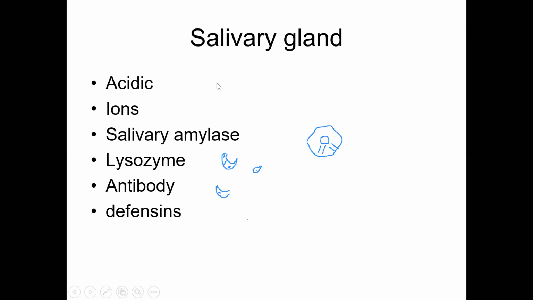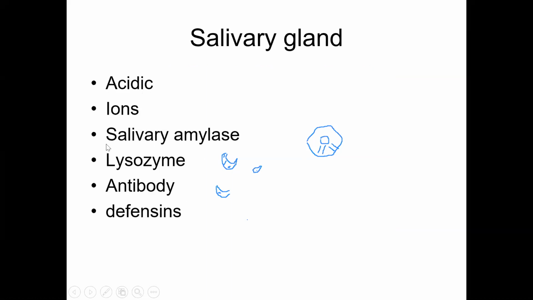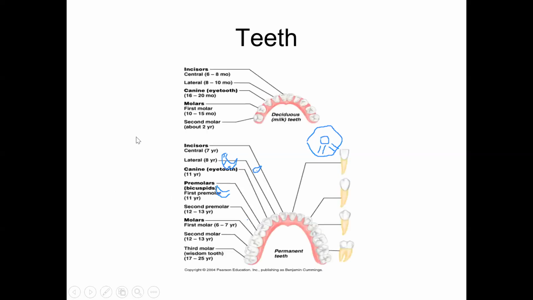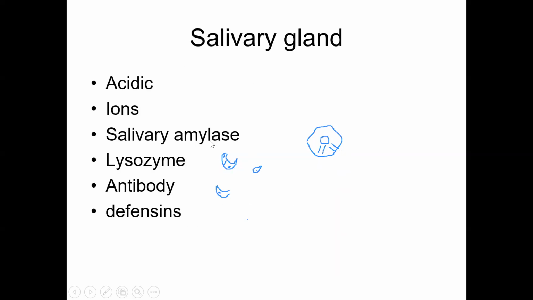Okay, so salivary glands, in terms of components in there, we say water, minerals, and it's a little bit acidic, and the important enzyme is this one. It is called salivary amylase. Please write it down on the side.